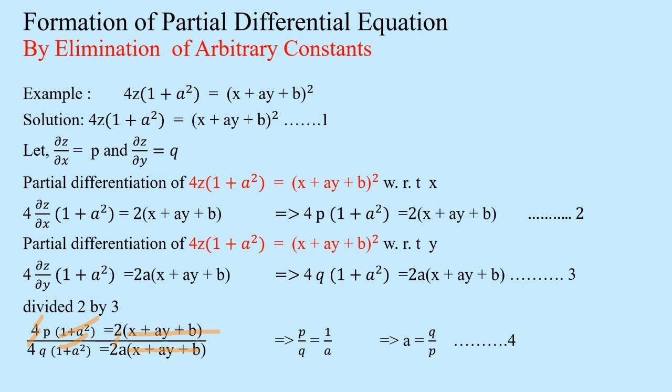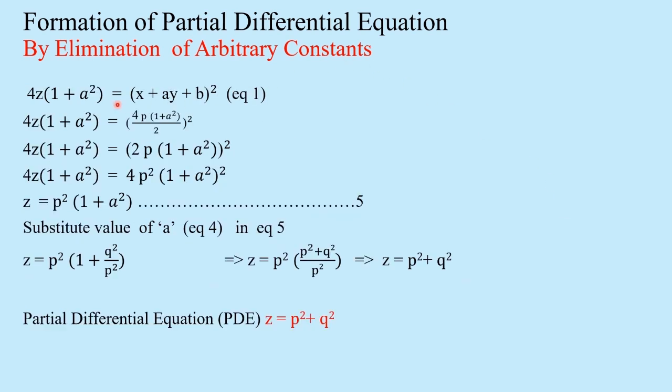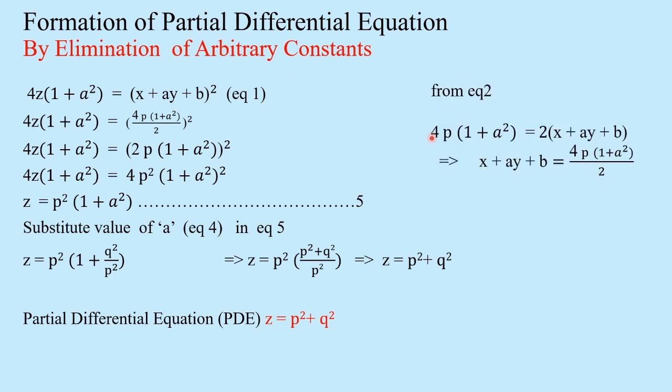Now this is equation number 1. And equation number 2 is this. So here this value will be equal to this value divided by 2. So x plus ay plus b is equal to 4p(1 plus a square) divided by 2. Now we'll place this value in the place of this. So we get this. Now simplify it.